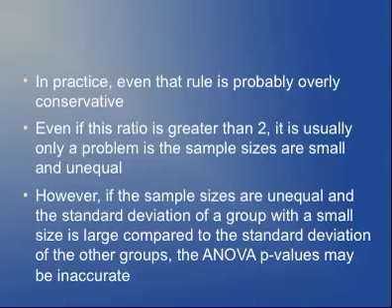If the variances are roughly equal and the sample sizes are different, you're still okay. Usually the only situation where you can really get yourself into trouble is if the variance of one group is significantly larger than the others, the sample sizes are small, and one of the groups is much bigger than the other, so you have one group with a small number of observations and a large standard deviation. Then that can mess you up.